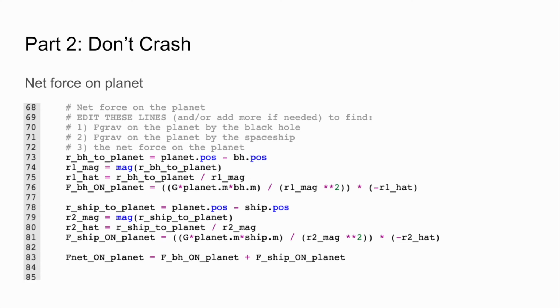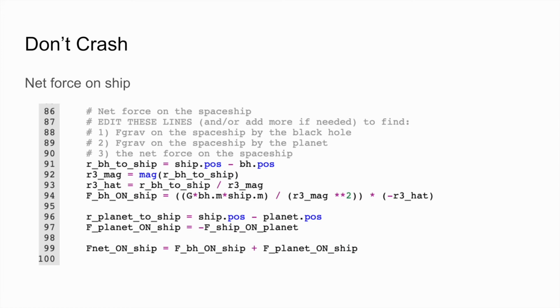And then we find the gravitational force of the ship onto the planet using the same method. And then we find F net on planet is the force of the black hole on the planet plus the force of the ship on the planet. Then the next step is to calculate the net force on the ship, and the two forces acting on the ship are due to the black hole and due to the planet.